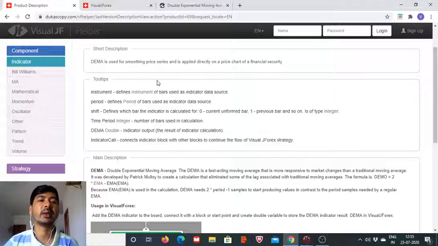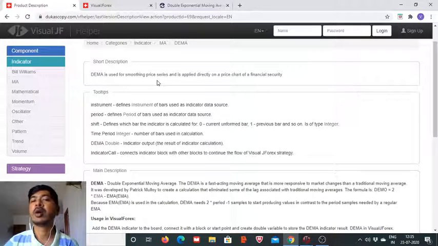So you can say this indicator is basically a derivative of the much used EMA, and it is used for smoothing the price series and is applied directly on the price chart of any underlying security.